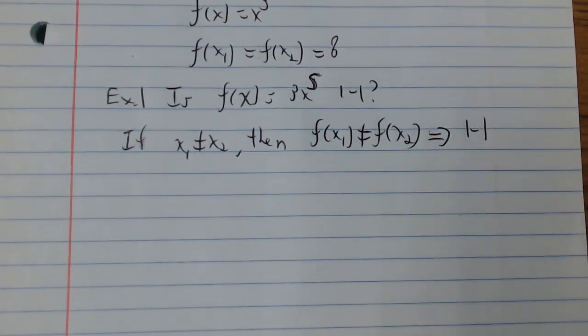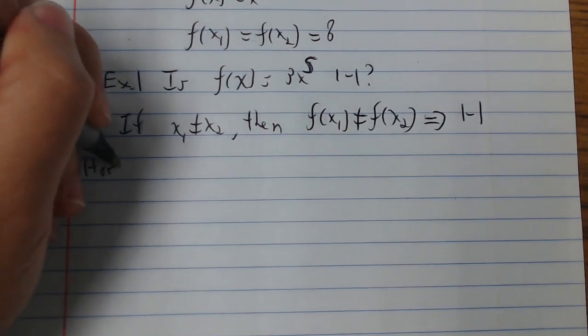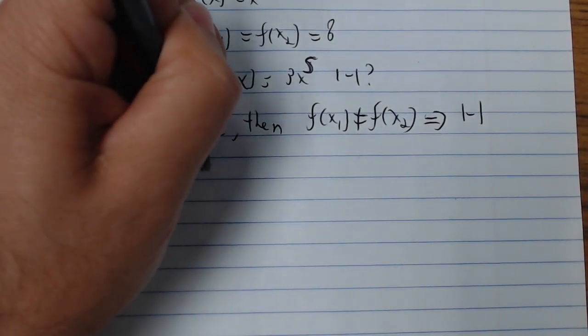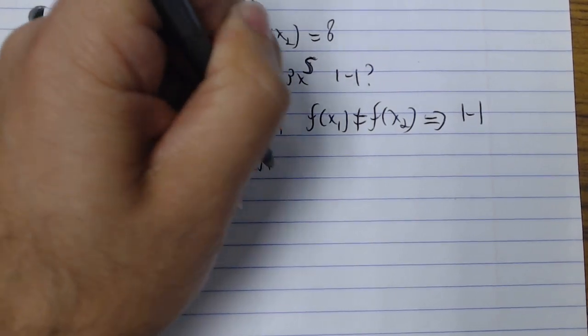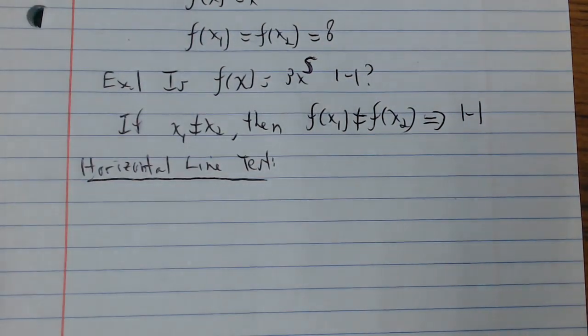Now, we also know that we can visually check to see if a function is one-to-one, and that's through the horizontal line test. I'm sure you've had a lot of experience with this, so I'm just going to give you the definition of the horizontal line test, and then I might draw a quick picture and we could move on.